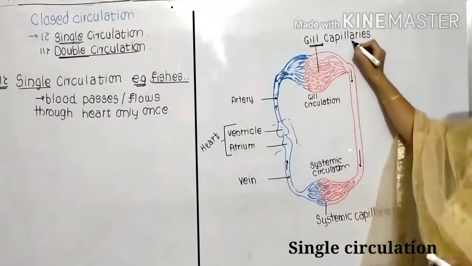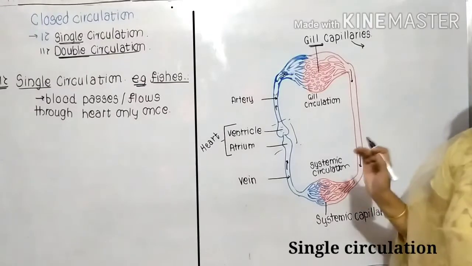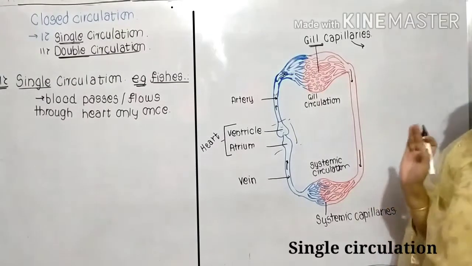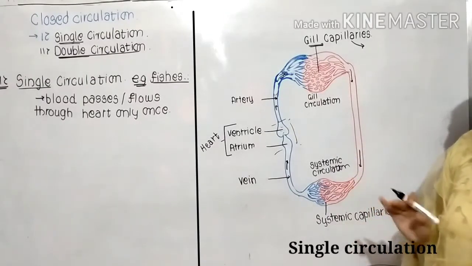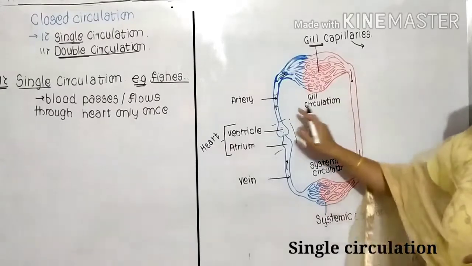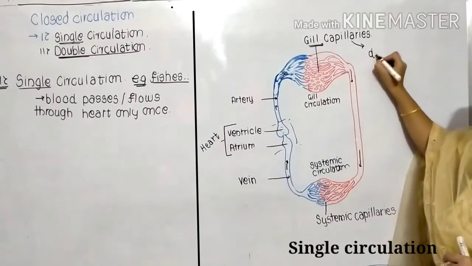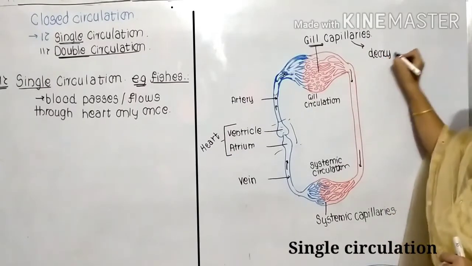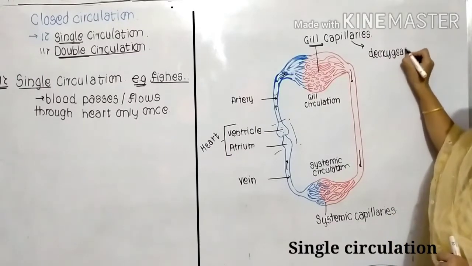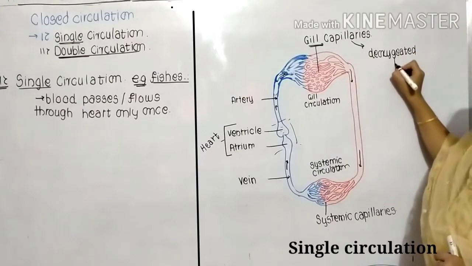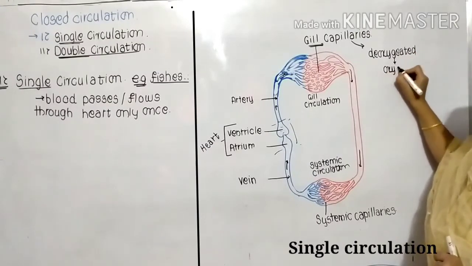Whenever it enters the gills, remember that it is a fish. Lungs are not present in fish, so gills are present. The deoxygenated blood is converted into oxygenated blood.